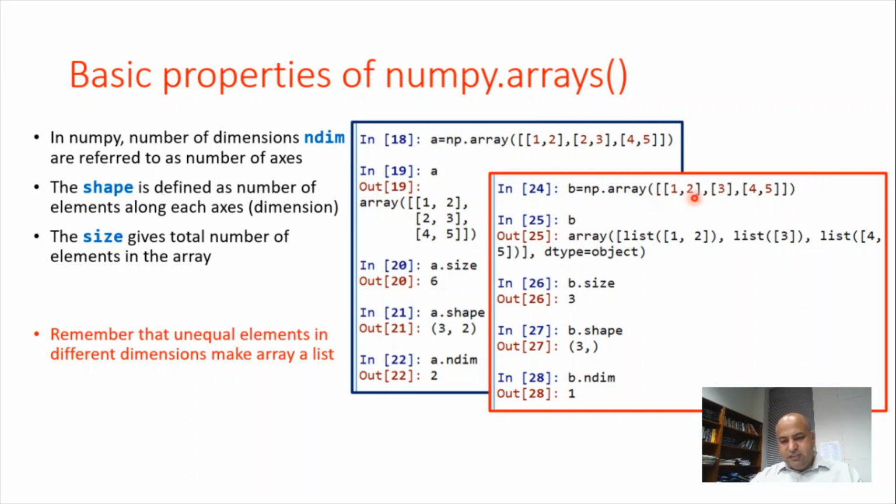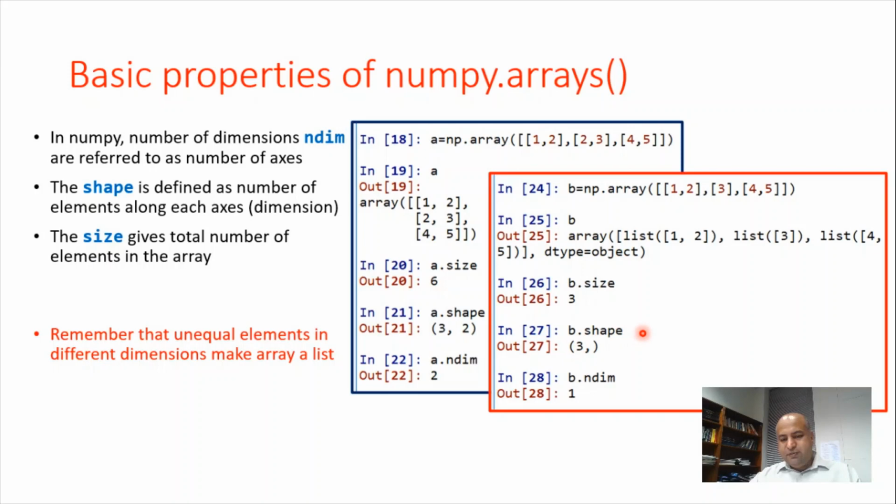The first element, 1, 2, is a list. The second element is a list with only one element. The third element is another list with two elements in it. As you can see from the printed version here, it's a 1D array. Of course, its elements are lists themselves. So if I check its size, I will get 3 because there are three elements: one, two, three. The elements themselves are lists, but that's another point.